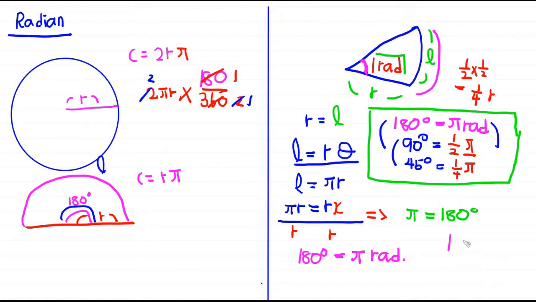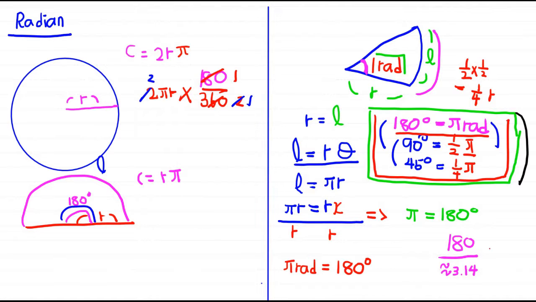So 180 degrees divided by pi, which is approximately 3.14, if you type this number in the calculator, will be approximately 57 degrees. But 57 degrees is just an approximate value because pi is an infinite number.